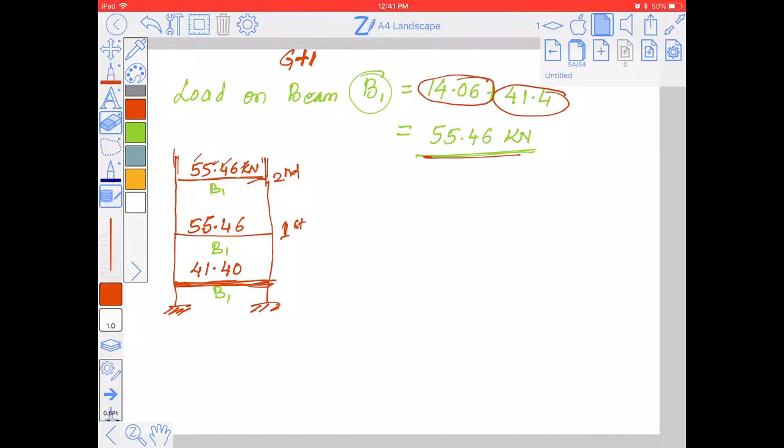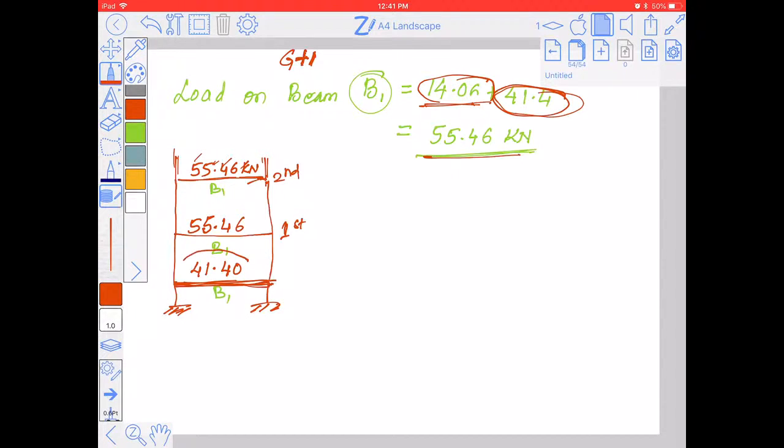Whereas the plinth beam will not have any load from the slab, it only carries the load of the wall. That's why I have neglected the 14.06 here. Only I am writing 41.4, which came from the load of the wall.